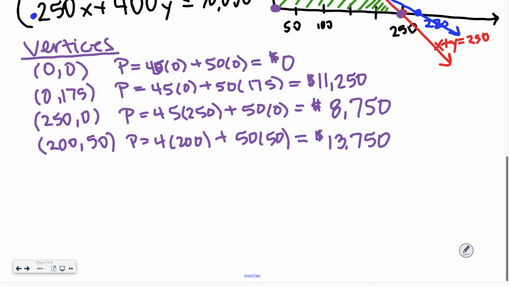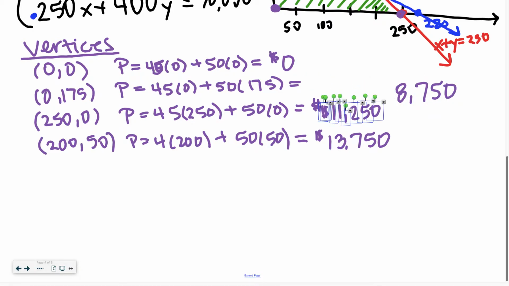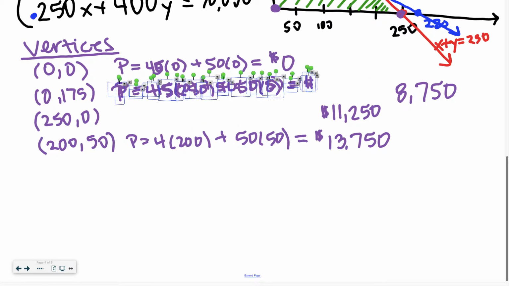You seemed unsure of that. Are you confident in that? Do you agree with him? 45 times 0 is 0 plus 50 times 175. Isn't 50 times 175 8,750? Not 11,200. Oh, did you tell me these to me backwards? Oh wait, yeah, I took it back. These two are just backwards. That is an easy fix. Whoops.